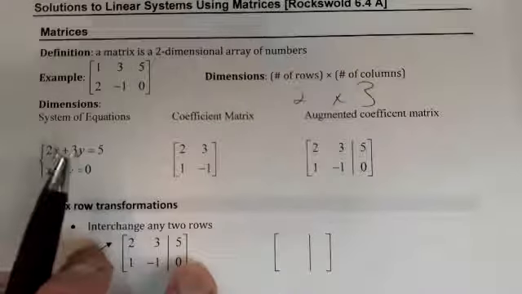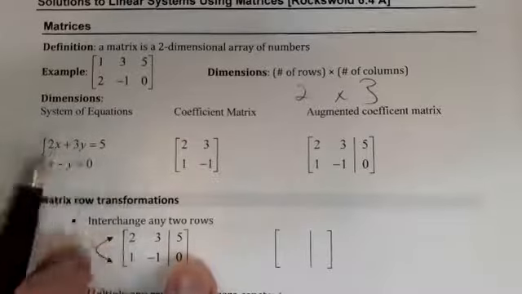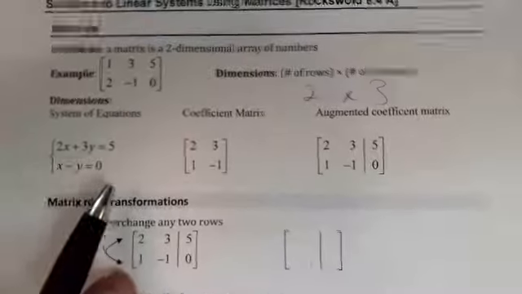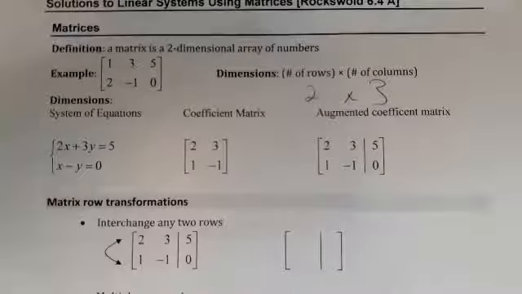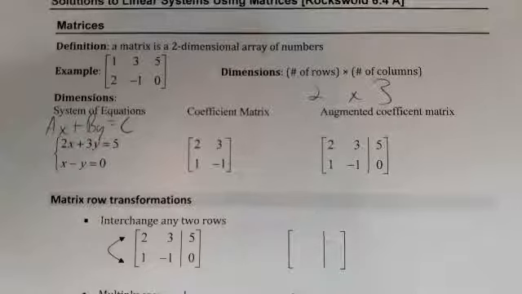They look like ax plus by equals c. So this is like ax plus by equals some kind of constant c, right? And if they're not in this order and you want to throw them into a matrix, you might want to put them in that order first.